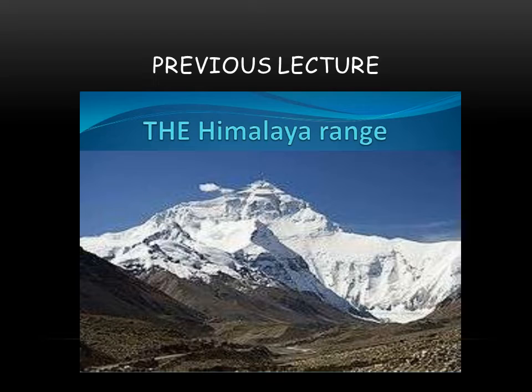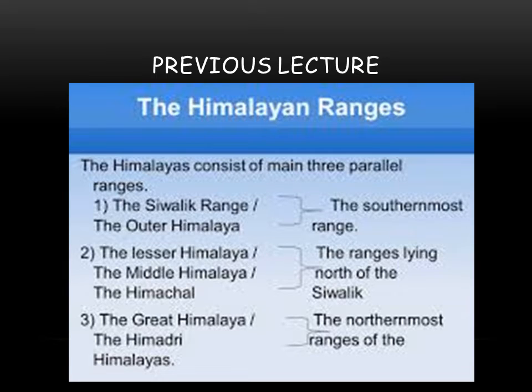The range has many of Earth's highest peaks, including the highest, Mount Everest. The Himalayas consist of three main parallel ranges: the Siwalik Range, which is also known as the Outer Himalayas and comprises the foothills; the Lesser Himalayas, which is also known as the Middle Himalayas; and the Greater Himalayas.